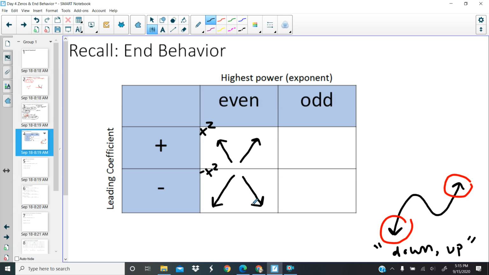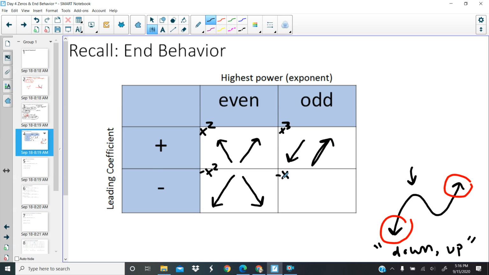Then if your highest exponent is odd and it's positive, think of either just a line or think of x cubed. And if you have x cubed, the shape of that graph is the one that I actually drew down here. So that end behavior is going to be down on the left-hand side and up on the right-hand side. And my last one is odd and negative.